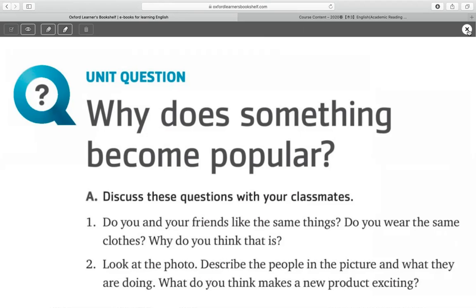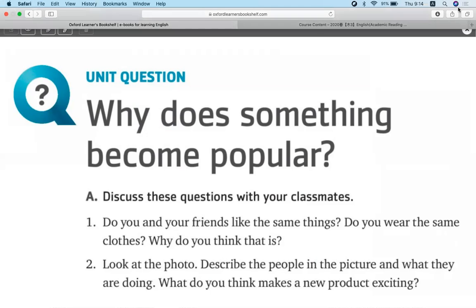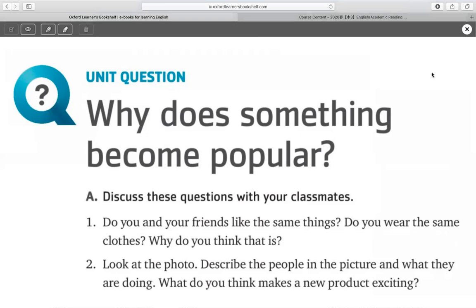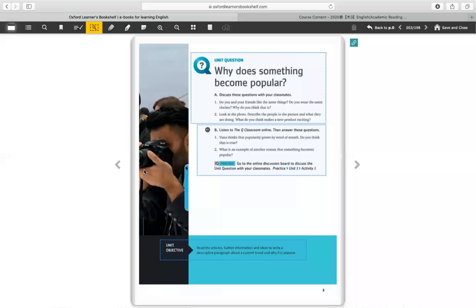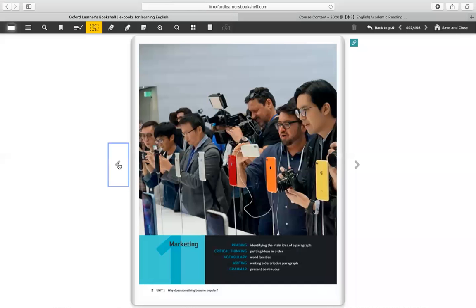Similarly, number 2, look at the photo. The photo means, let me show you the photo. It should be this photo, okay? Look at this photo. Describe what the people are doing in this picture. You can see people doing something. What do you think they are doing?